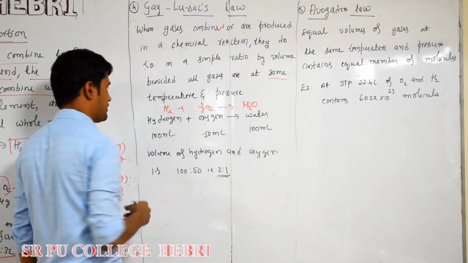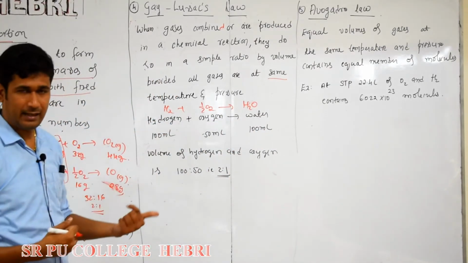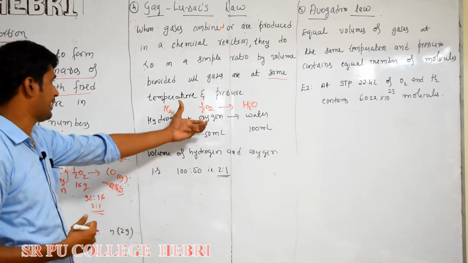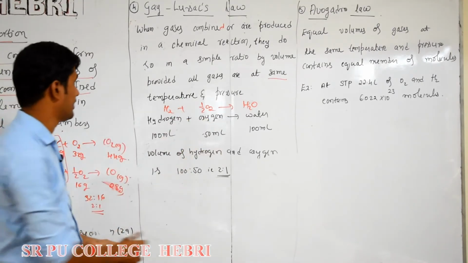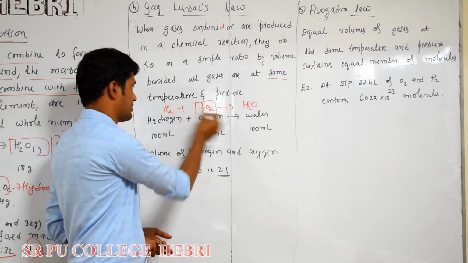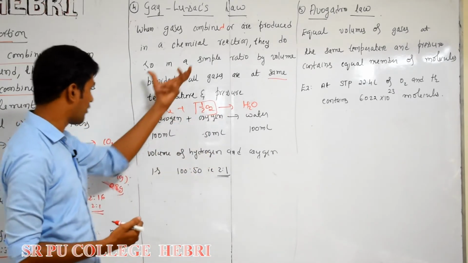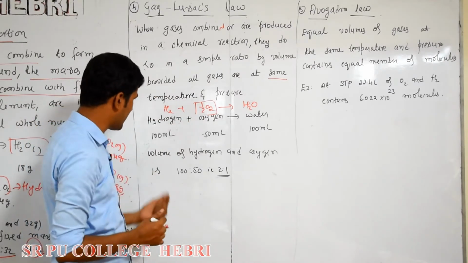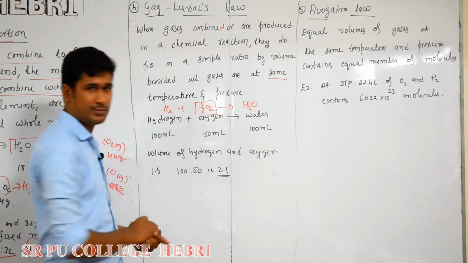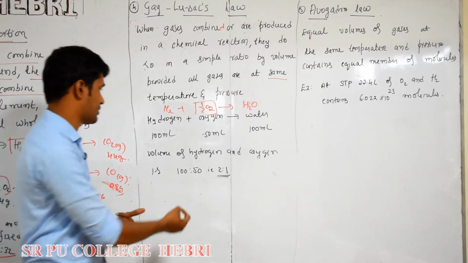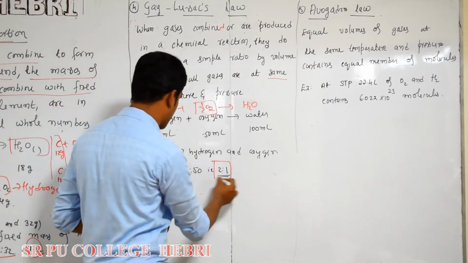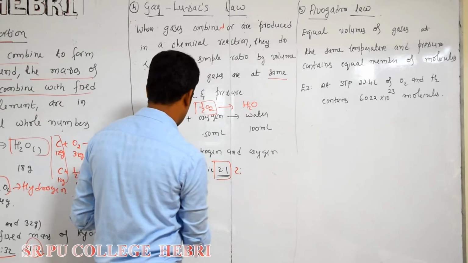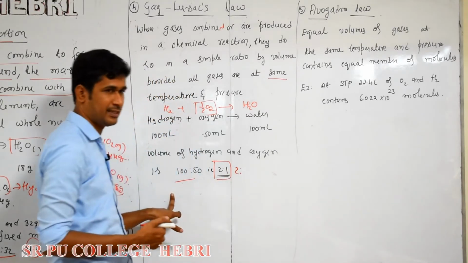You know the molar ratios and all. If I take 100 ml of hydrogen, I have to take 50 ml of oxygen. Why? Because we have only half mole of oxygen here. So now, according to this law, there exists a small whole number ratio between the volumes of hydrogen and oxygen. So that is a simple ratio, 2:1. 100:50 or 2:1 ratio is present.